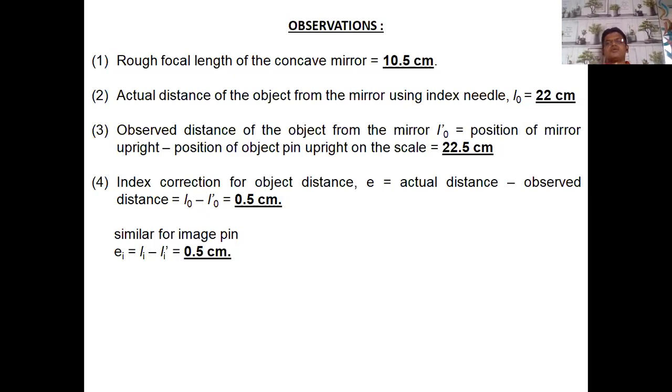How is it possible? We use only one pin, and we set it so that the exact image from this pin comes on the upper side, and at any angle both go to the same side. The distance between the mirror and the pin is the center of curvature. Then the focal length is the center of curvature divided by 2. That is how we find the focal length.